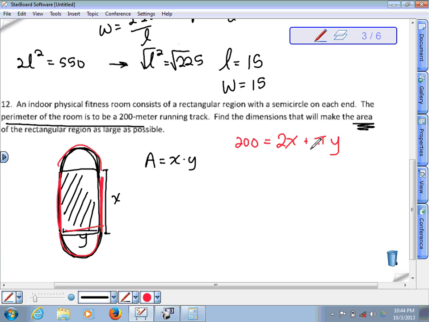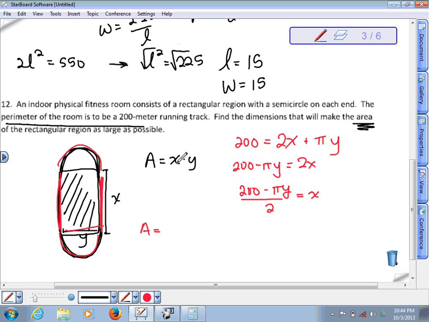Now we just need to solve it for one of the variables. If we wanted to solve for x, for example, we could subtract pi y. So we have 200 minus pi y is equal to 2x. Then we can divide everything by 2. Now we have area.